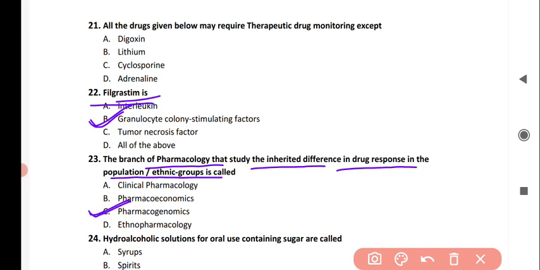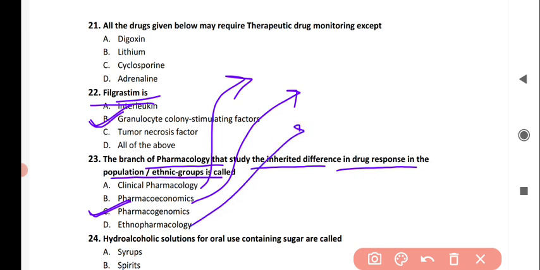Option C will be correct. If I'll talk about clinical pharmacology, so it's simply the study of drugs in humans. Then pharmacoeconomics, so it is a branch of economics that uses the cost benefit, cost effectiveness, cost minimization, cost utility, different types of analysis to compare the pharmaceutical products and treatment strategies.